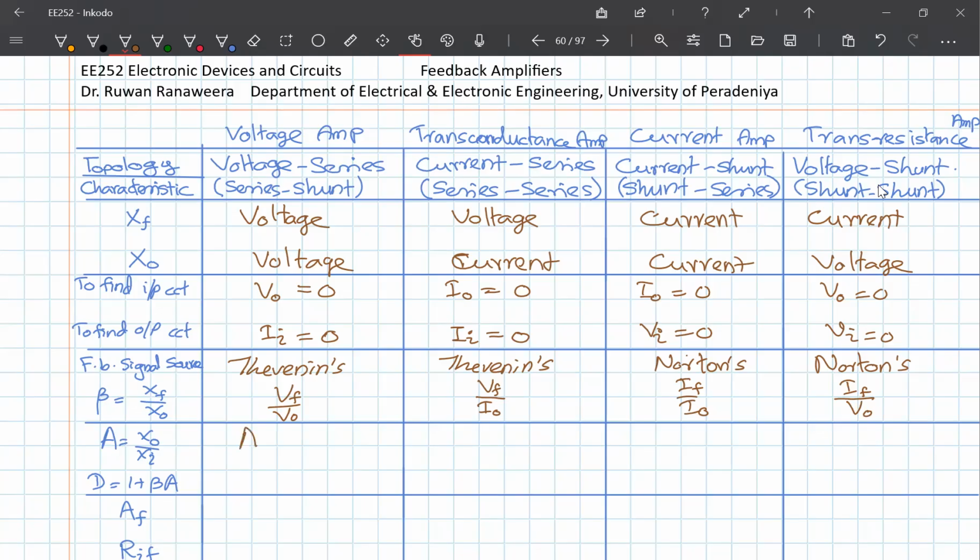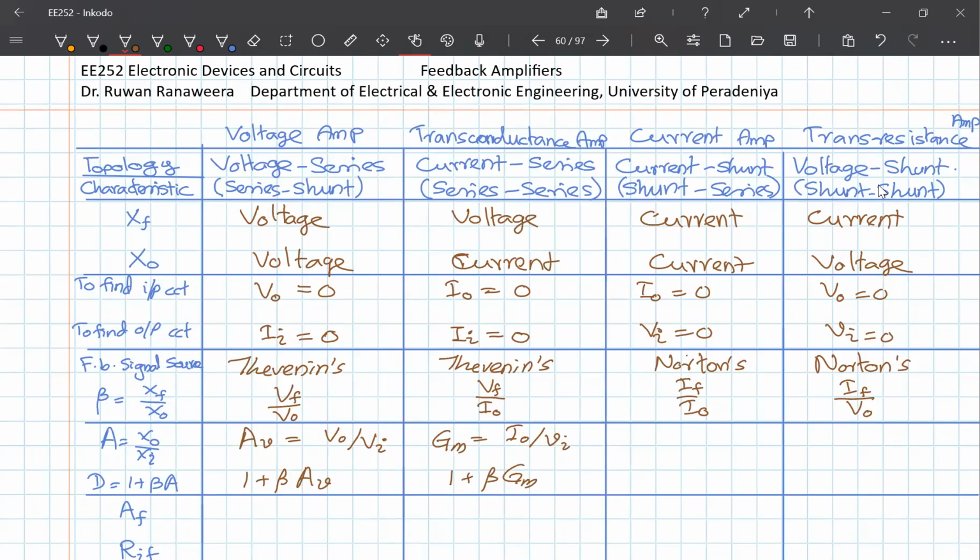Since this is a voltage amplifier, we have a voltage gain, which is V out over V in, and the loop gain D will be 1 plus beta A_V. G_M will be the gain for the transconductance amplifier, which is I out over the input voltage. And again 1 plus beta G_M will be the loop gain.